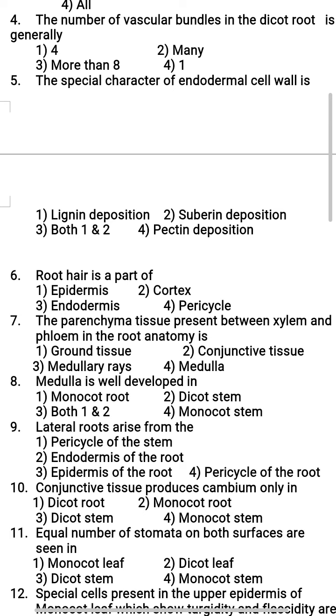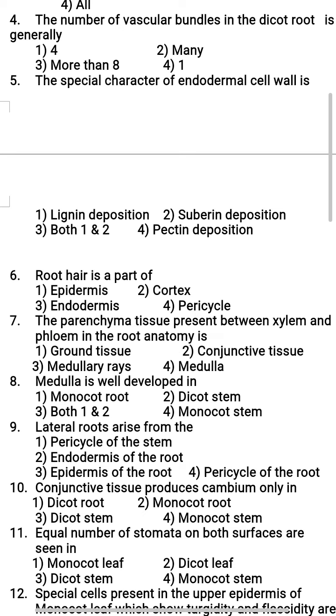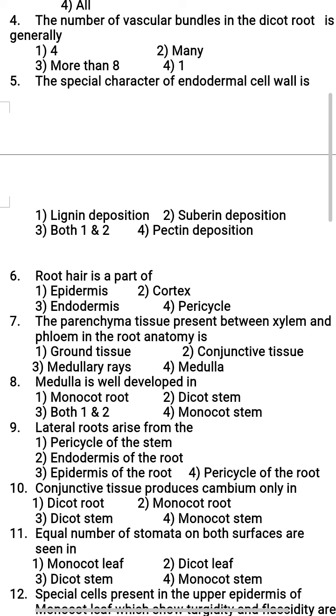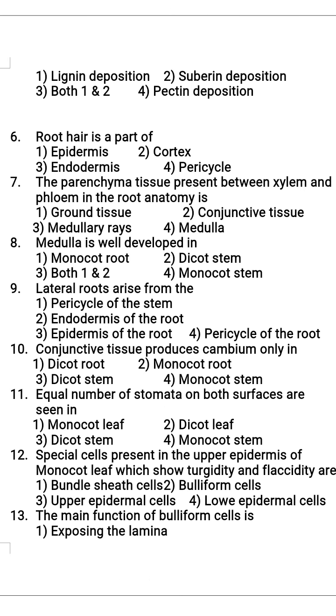It comprises a single layer of barrel-shaped cells without any intercellular spaces, and the tangential as well as radial walls of the endodermal cells have a deposition of water impermeable and waxy material called suberin in the form of Casparian strips. Got it? Then next, sixth question.